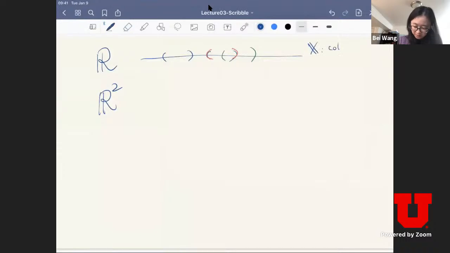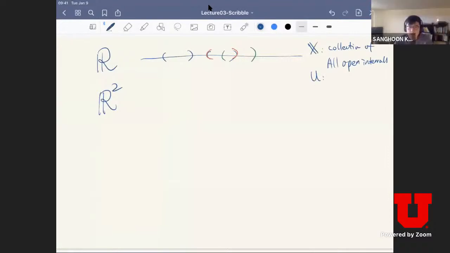My corresponding X is a collection of all open intervals. And my U is a subset of X that is infinite. It has an infinite number of elements. So for any two open intervals, if I take their intersection, if there's zero intersection, it's the empty set, it's in U. And if they overlap, then the intersection of two open intervals is also an open interval. Okay. So that's the first example of a topological space.